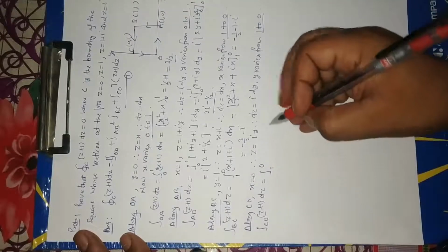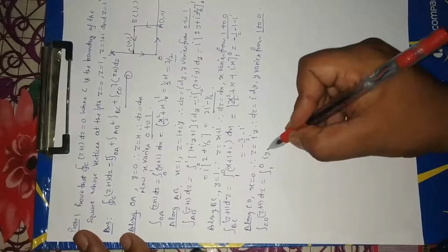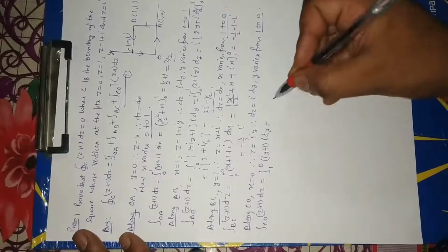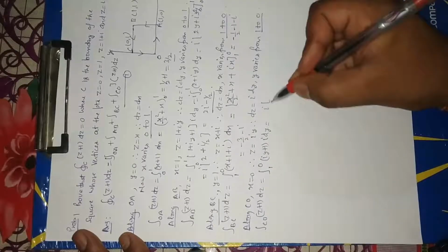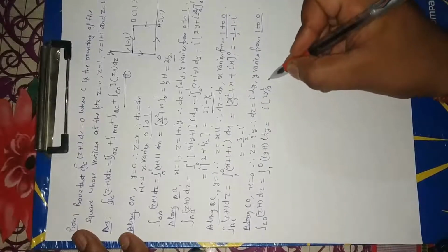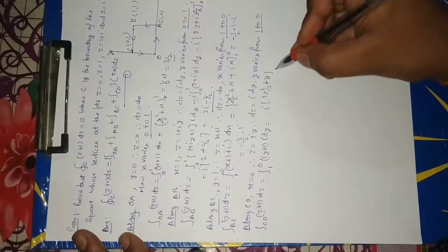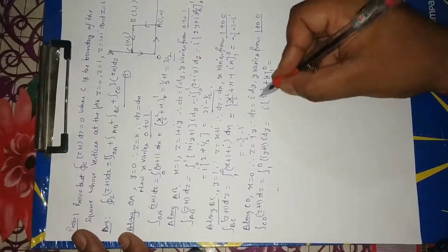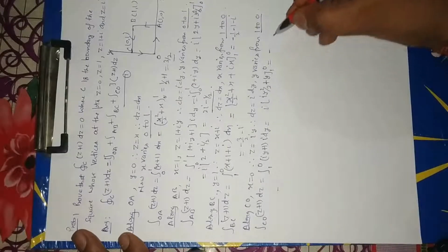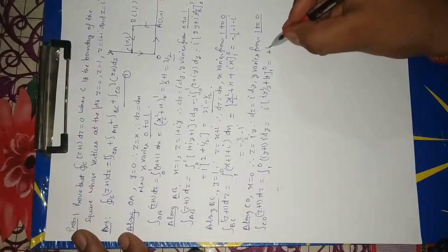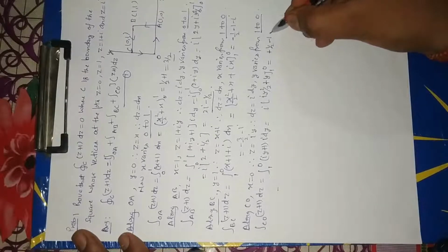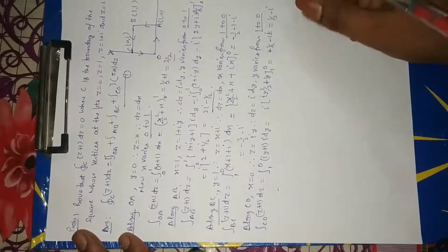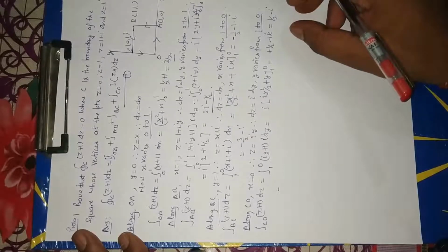Now z is iy plus 1, dz is i dy, this is equal to i common. Now integrate this: i y square by 2 plus y, limit 1 to 0, this is equivalent to i square minus 1, now minus minus plus 1 upon 2 minus 1i, this is equal to 1 upon 2 minus i, which is the value of the fourth integral.